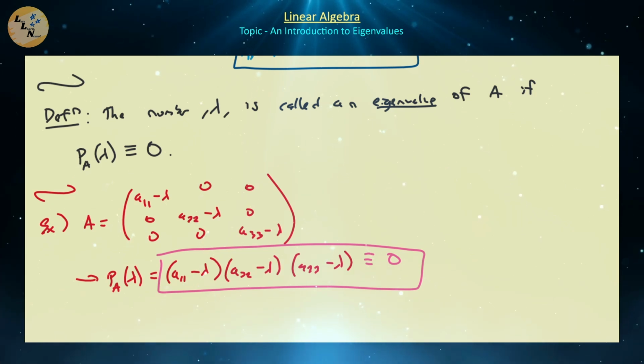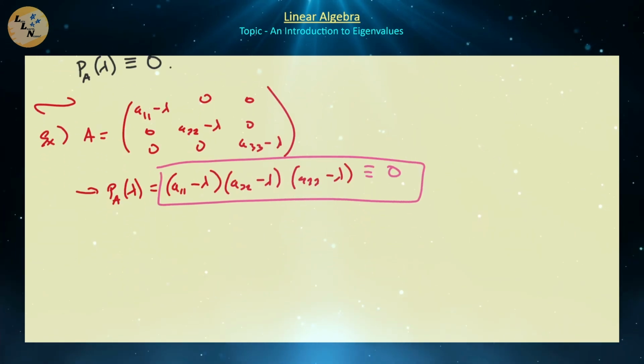If you want to solve a polynomial equation, the end goal is to have that polynomial completely factored into linear factors. Because if the product of these three terms is equal to 0, then we can set each of these terms equal to 0 and find the solutions. For example, from the first term we have that lambda is equal to A11.